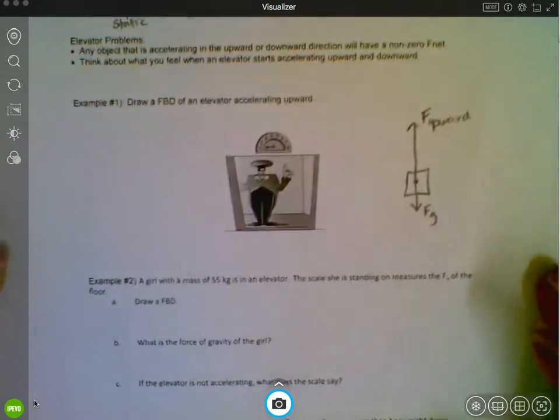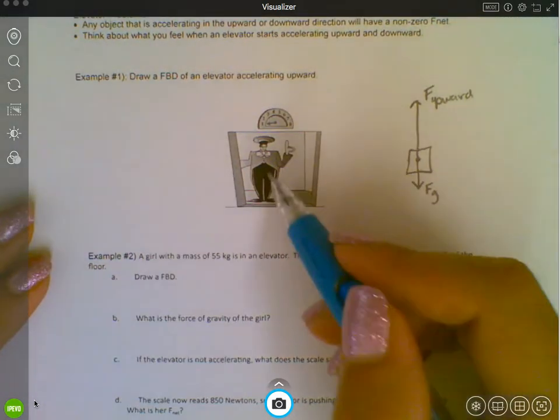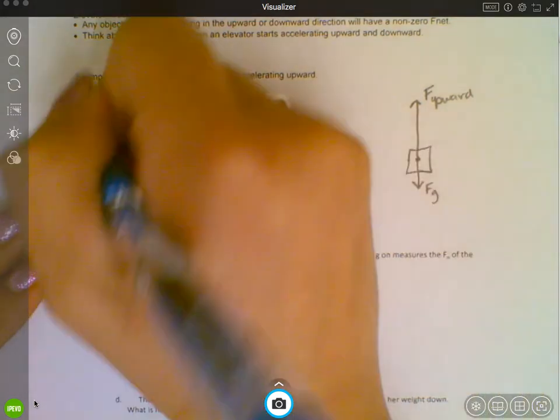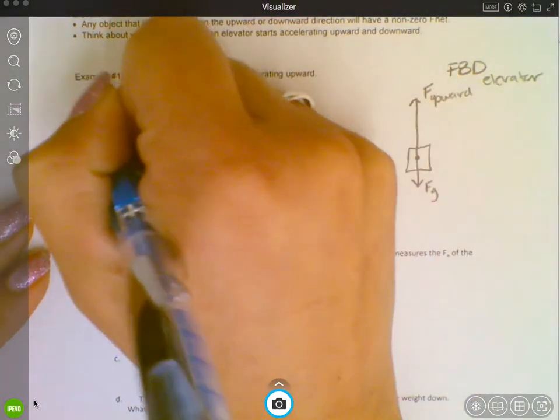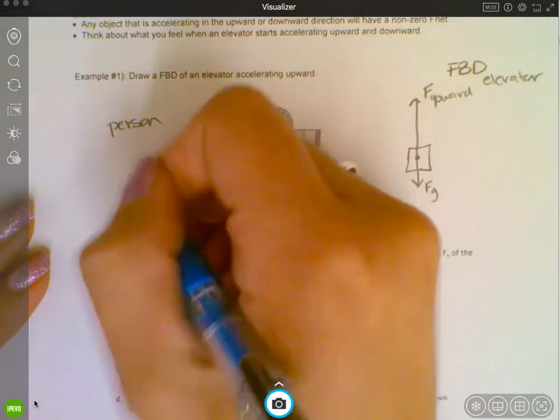Now, you can imagine that if the elevator is accelerating upward and you're standing in it, we could draw your free body diagram. This is the free body diagram of the elevator. For the person, it would look the same, but we would just name it differently.